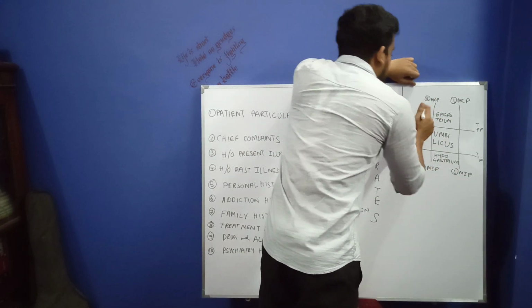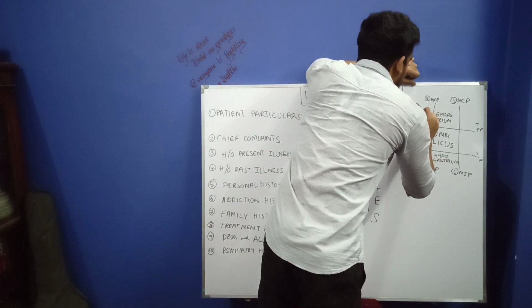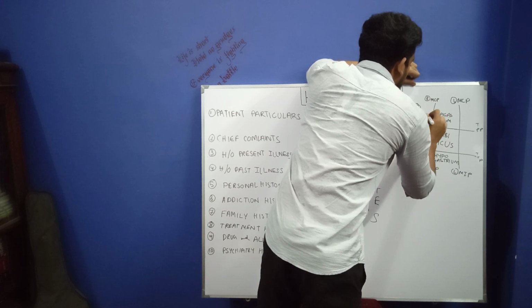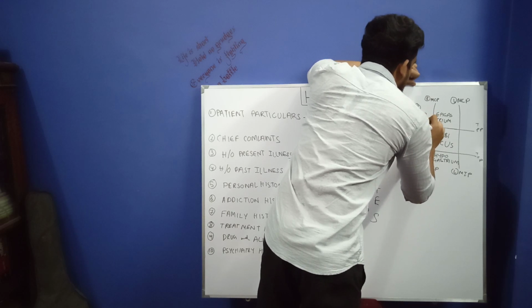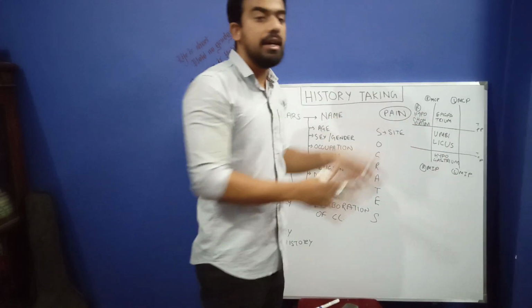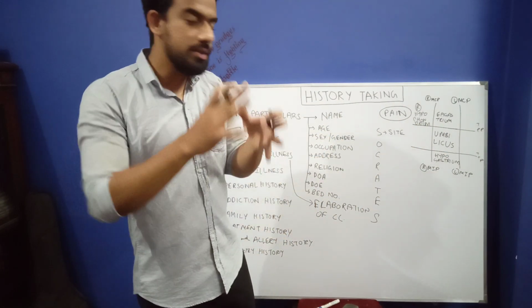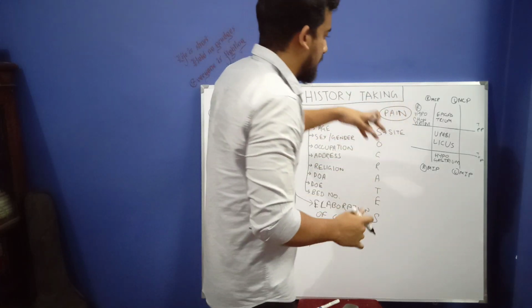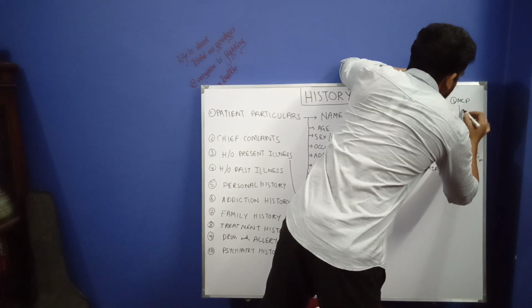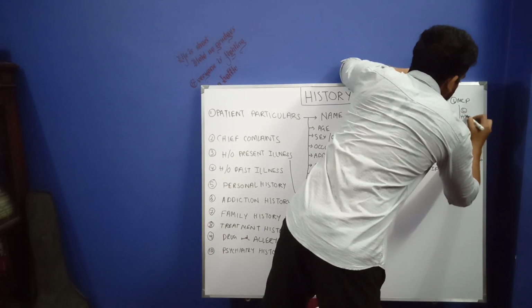Now to the right of the epigastrium is right hypochondrium. You might pause the video and write down the names on this diagram. Next, to the left of epigastrium is left hypochondrium.